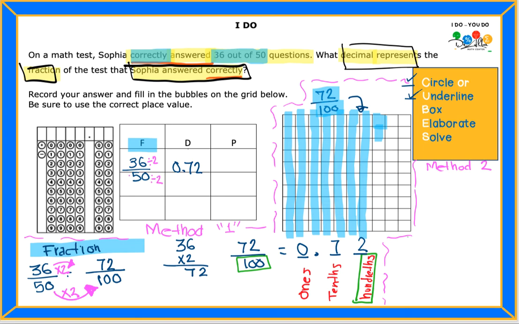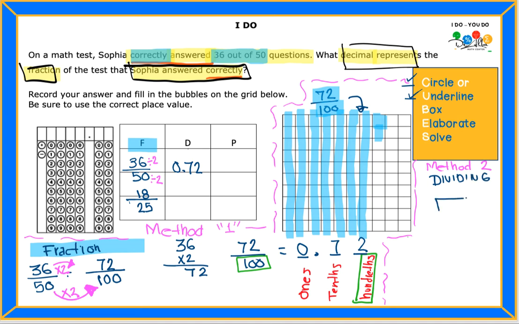So I can get an equivalent fraction, one that has the same value, but with friendlier numbers. So here I'm going to have 50 divided by 2 on the denominator, that's a 25. And if I cut 36 into 2, that's going to give me 18. Awesome.